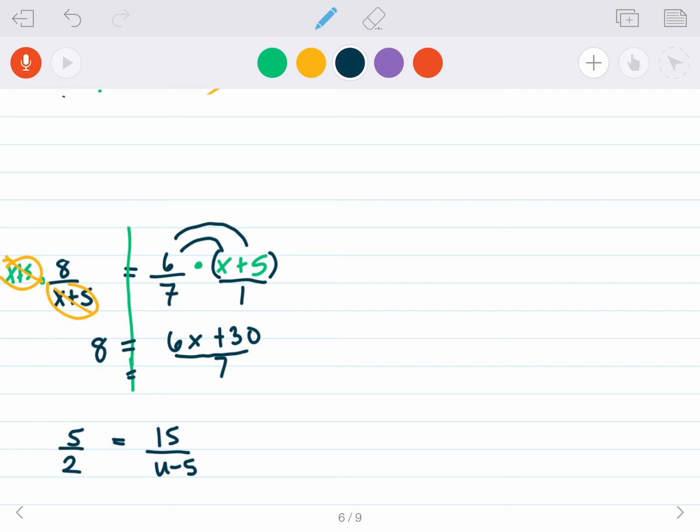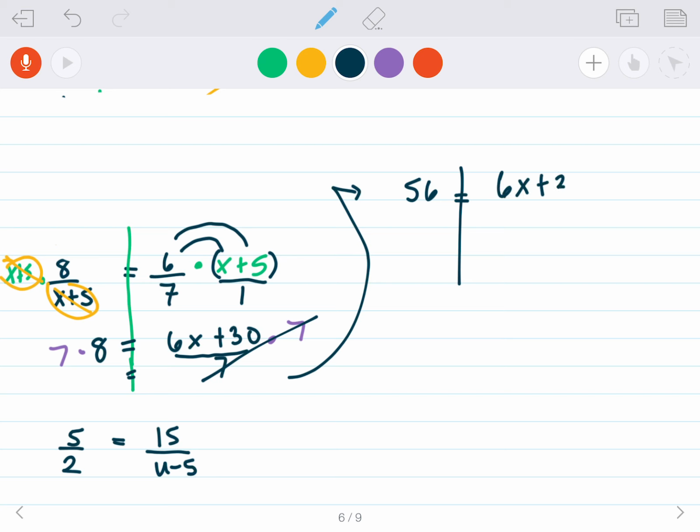Multiplying both sides by 7 to get rid of division by 7, that clears. And now I have to write up here because I'm running out of room. 7 times 8 is 56 on the left, equals 6x plus 30 on the right. Now on the right side, I want to get rid of addition of 30 by subtracting 30 from both sides.